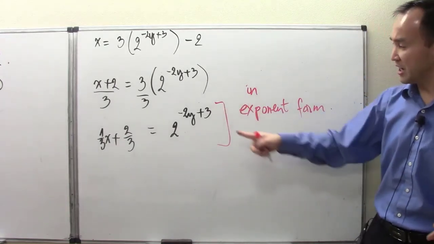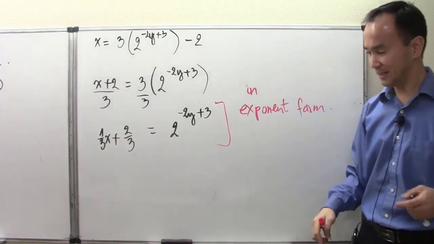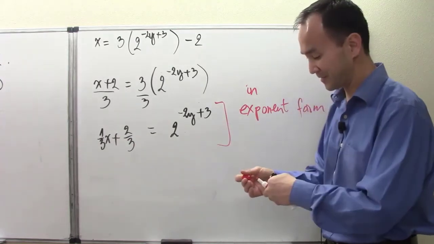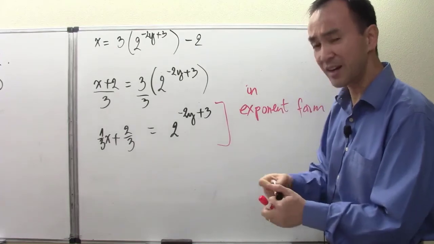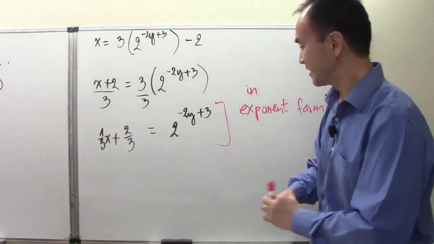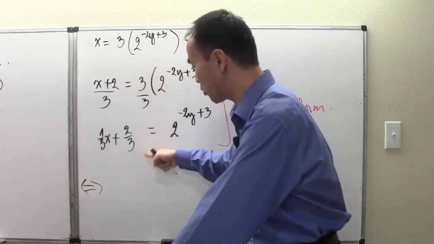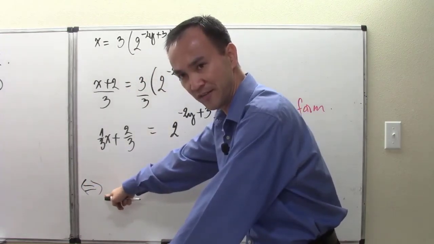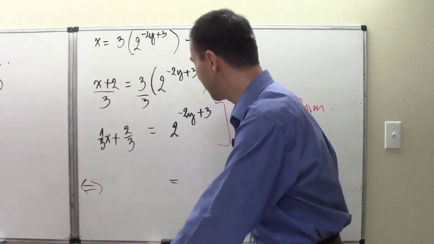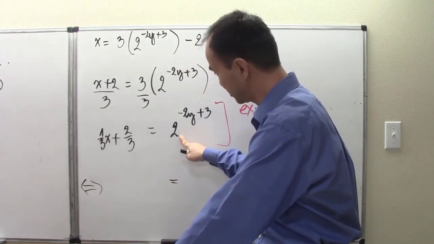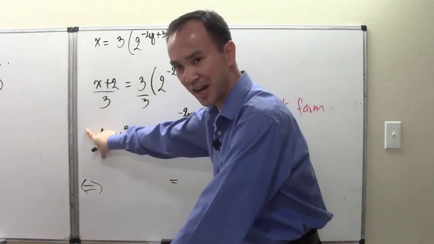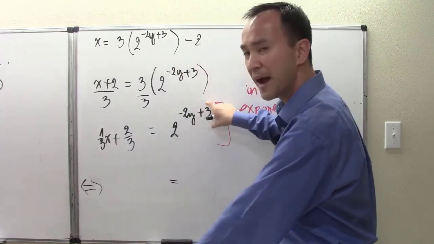Any equation in exponential form like the one here can be rewritten, so that means we use this double arrow right here. This equation is logically equivalent to saying that, see, this is the base, this is the opposite side of the equation, and this is the power.